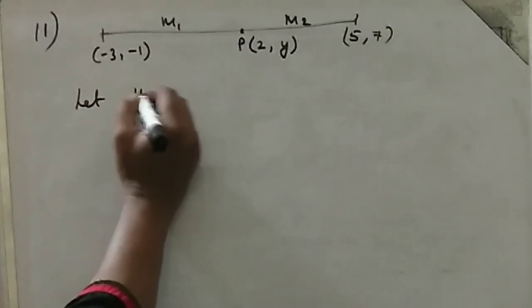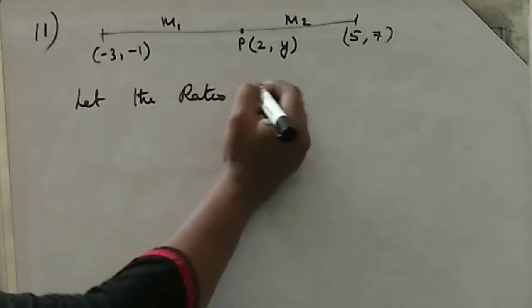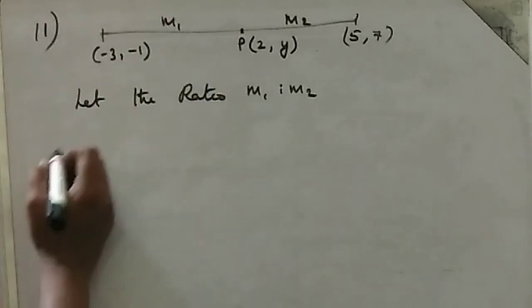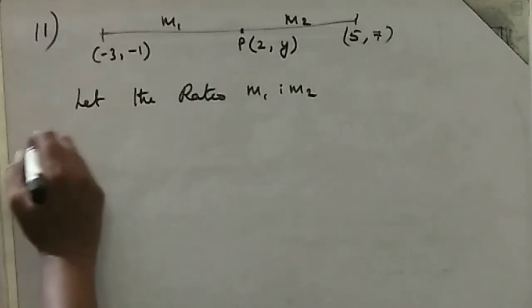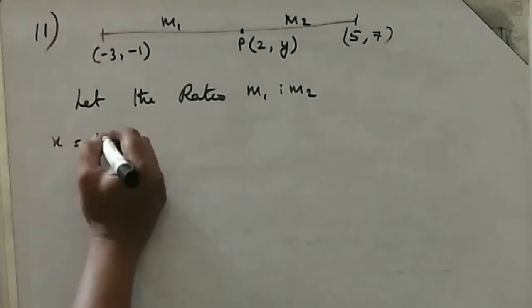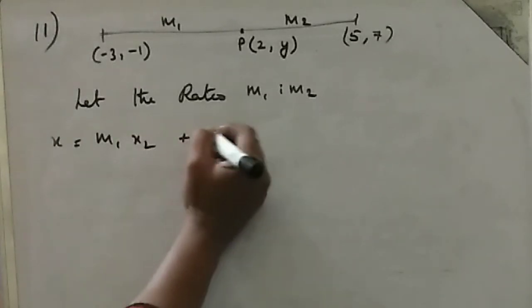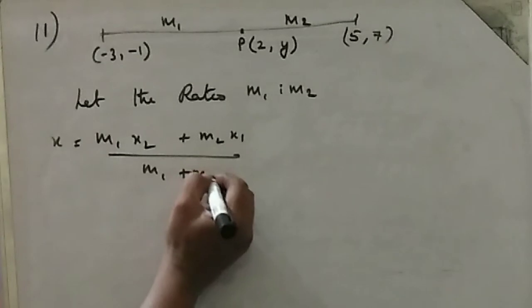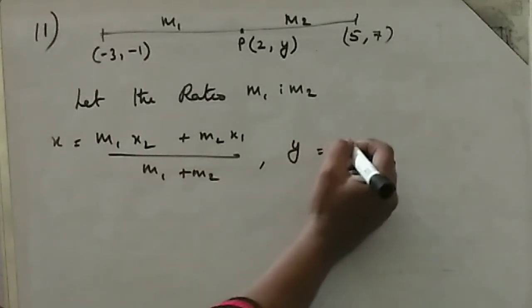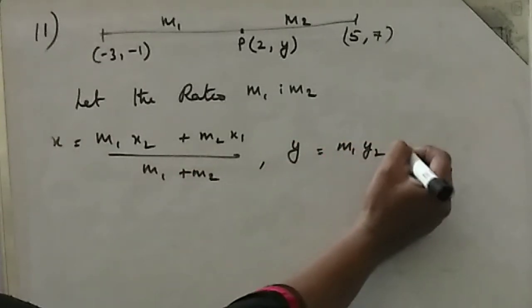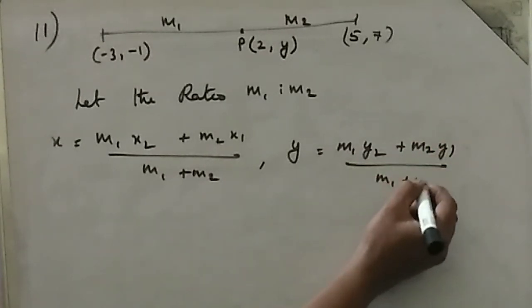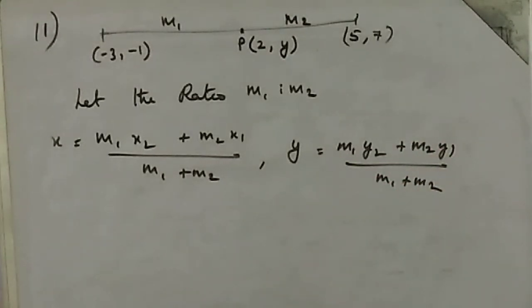Let the ratio be m1 ratio m2. Now the formula: x is equal to (m1 x2 + m2 x1) upon (m1 + m2), and y is equal to (m1 y2 + m2 y1) upon (m1 + m2).